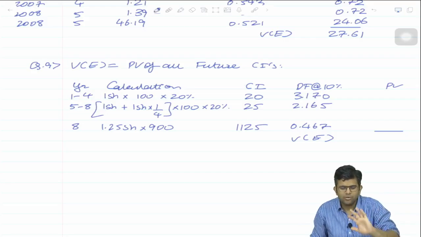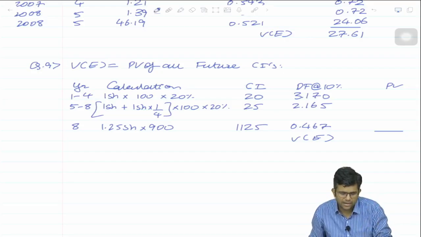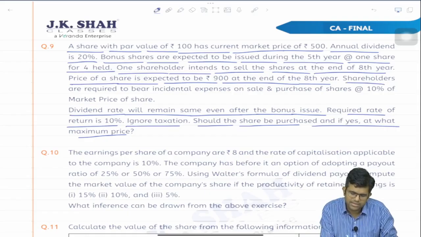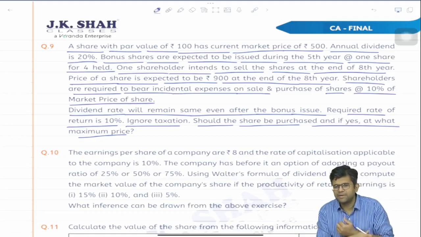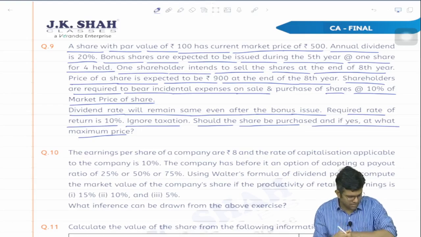Now till here everyone clear? Now last twist in the tail. The last twist is that shareholders are required to bear incidental expenses on the sale of shares at the rate 10% per market price. Now you consider this to be brokerage cost.